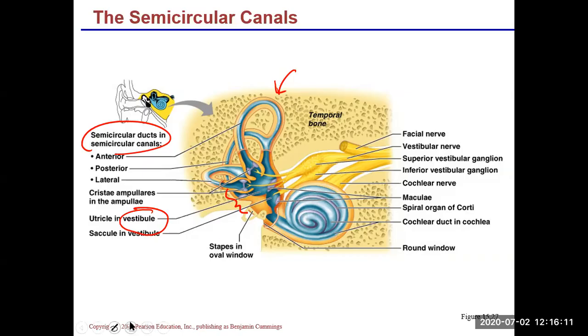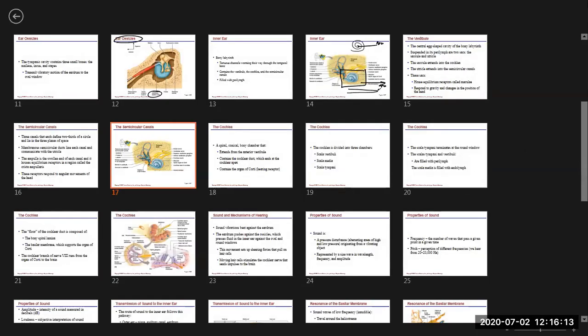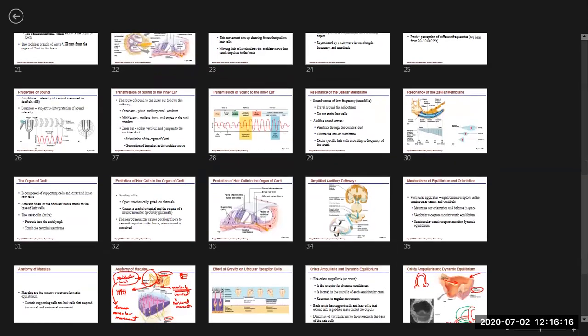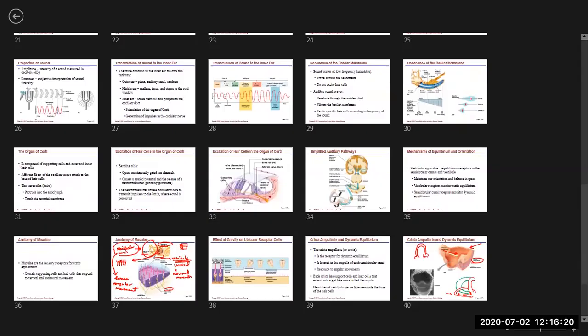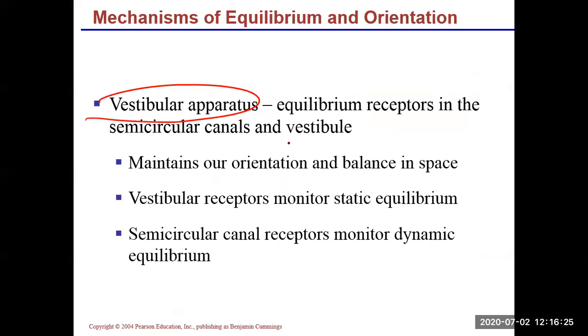Let's take a look at the vestibule to get a better idea what it does for us and what we need to know about it. So these are equilibrium receptors, vestibule and semicircular canal. Both of them are important in terms of equilibrium. One is monitoring static equilibrium versus the semicircular canal monitoring dynamic equilibrium.